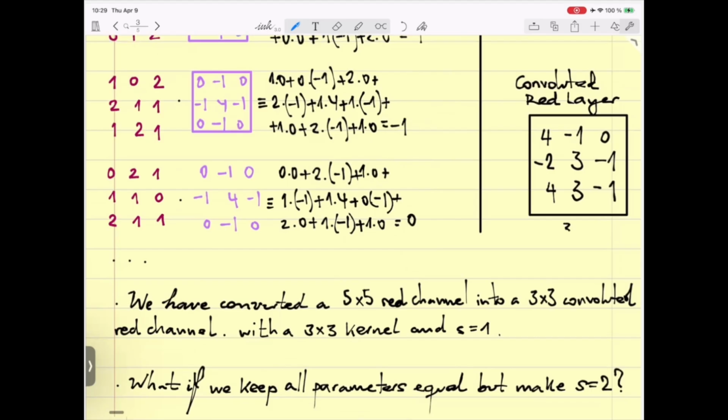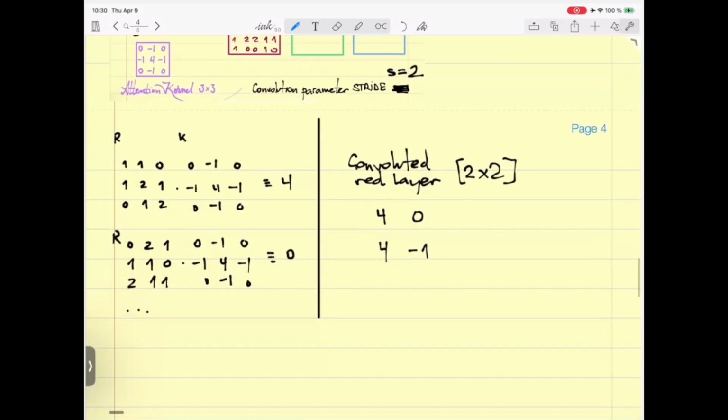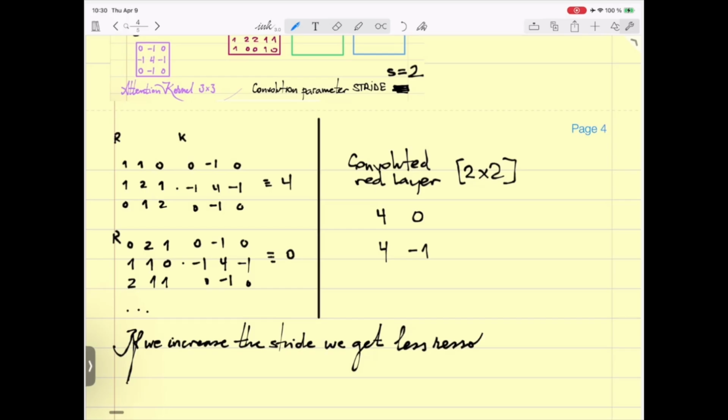In other words, we get less resolution. If we increase the stride, we get less resolution in our image.